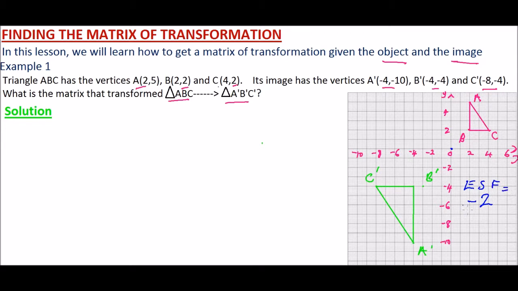But we still don't know the matrix that was used to make this transformation take place. So that is what we are going to do. So this is enlargement.